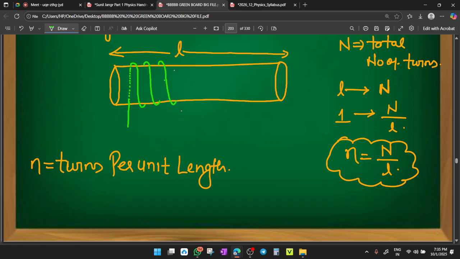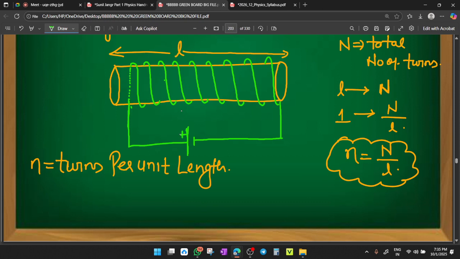Likewise, many turns may be wrapped around this core, and finally the last turn will come out from here and you connect a battery, plus and minus. Clear, beta?